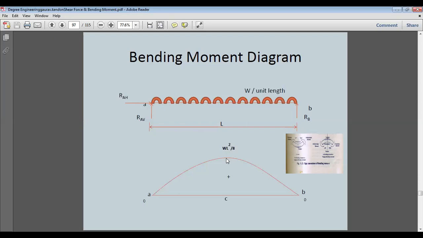When there is a square, or second order equation, the diagram is a curve. So we have to draw a curve from here to here, and similarly from here to here. This is the bending moment diagram of a simply supported beam loaded with uniformly distributed load.